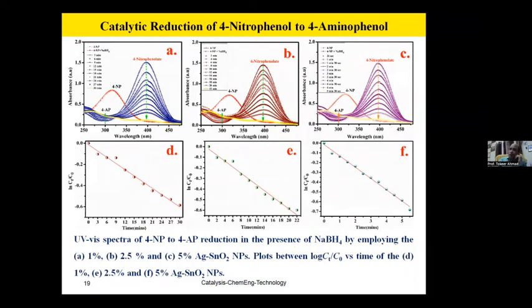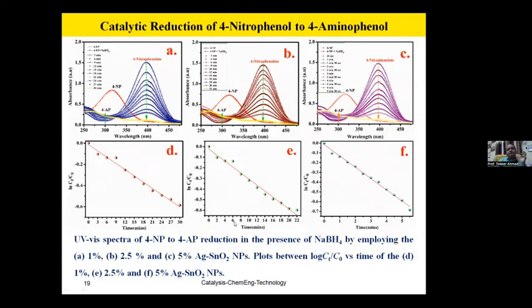We found that the absorption band of 4-nitrophenol starts decreasing as the reaction time increases, and the intermediate peak of the 4-nitrophenolate ion increases. Finally, as the reaction goes to completion, the corresponding absorption peak of 4-aminophenol starts appearing. These are the kinetic plots of this conversion reaction.